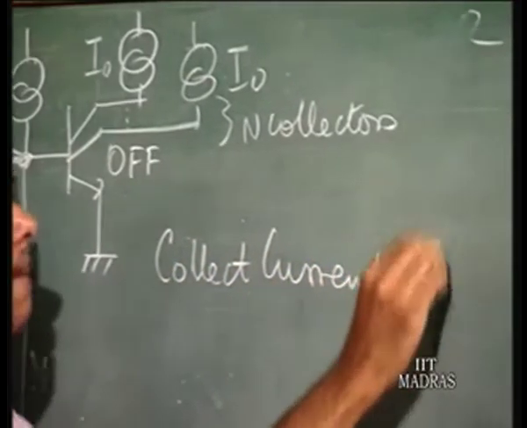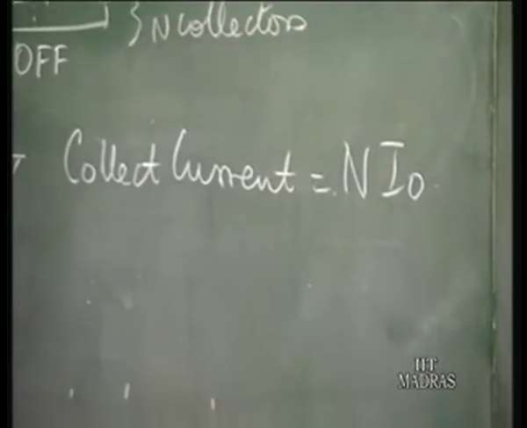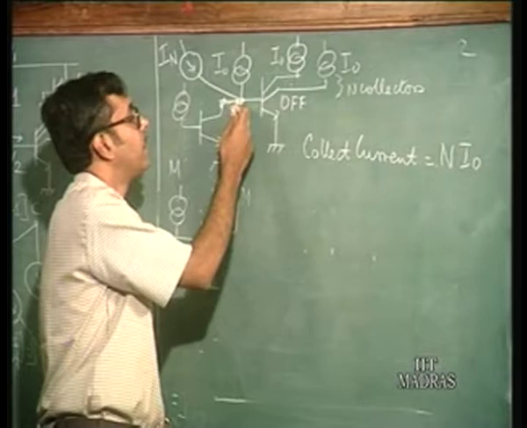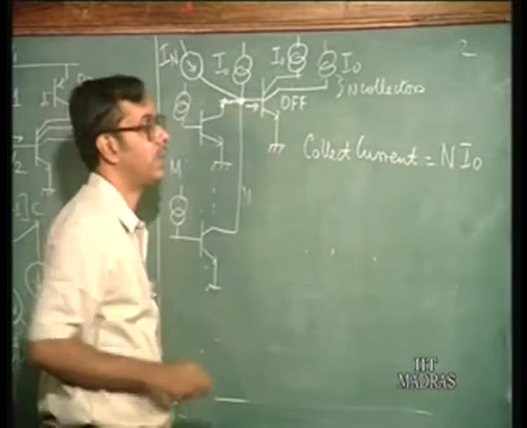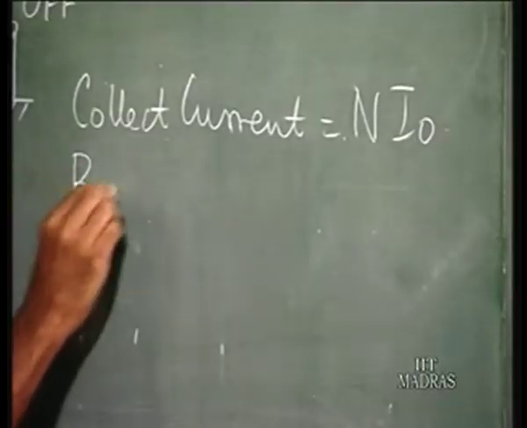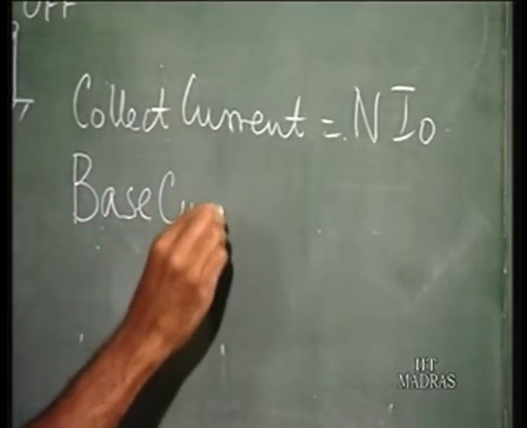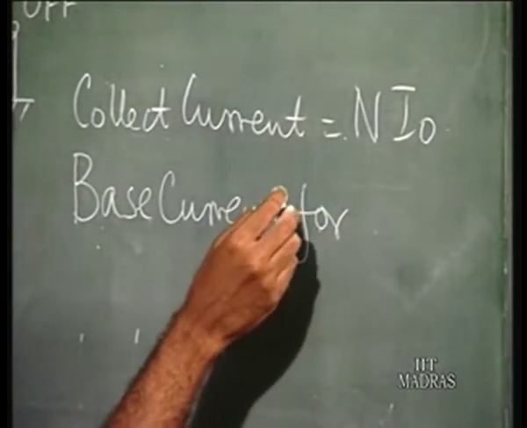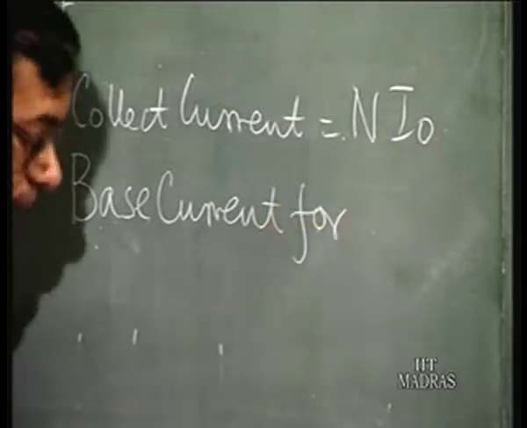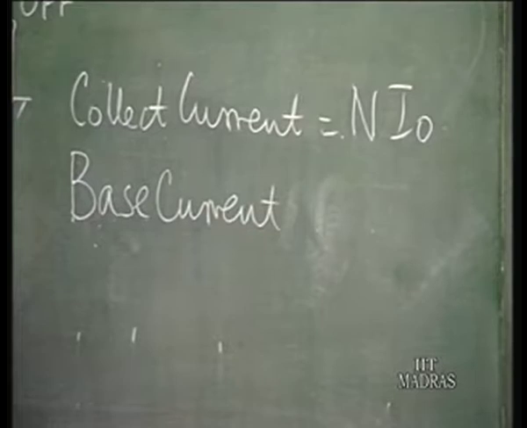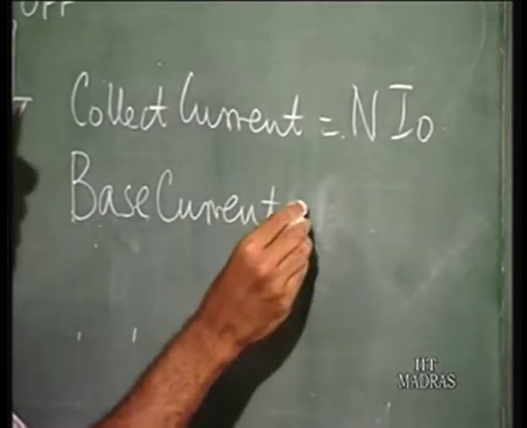We shall consider this transistor to be turning on when the base current reaches a certain value; we have to assume a certain base current at which the transistor is reasonably turned on.